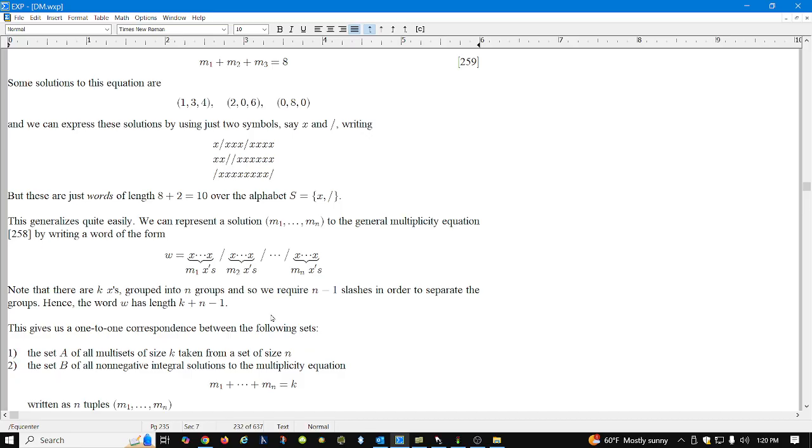That's important. So you get words of length k plus n minus 1. A lot of students will get confused and think it's k plus n. It's k plus n minus 1 because you need one less slash than you have groups.